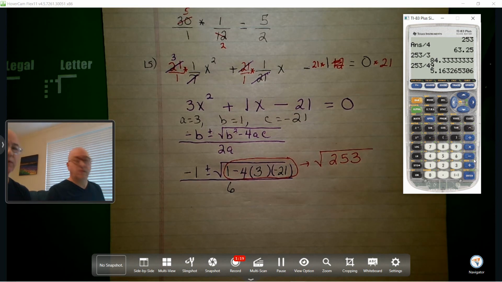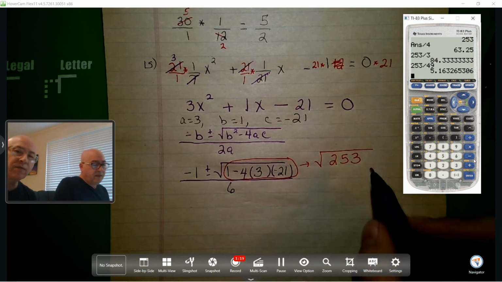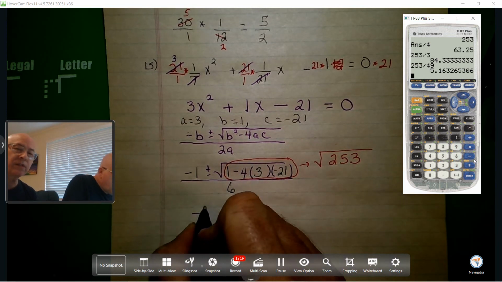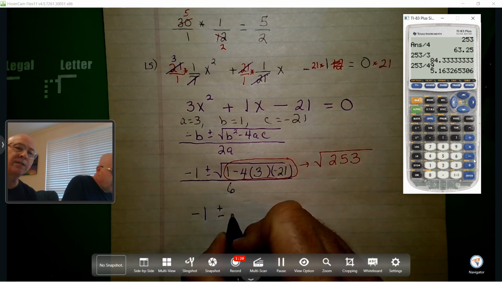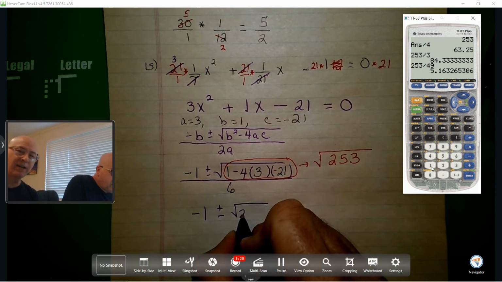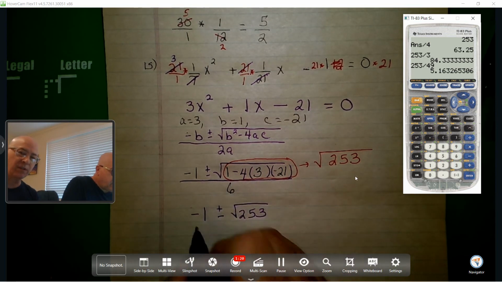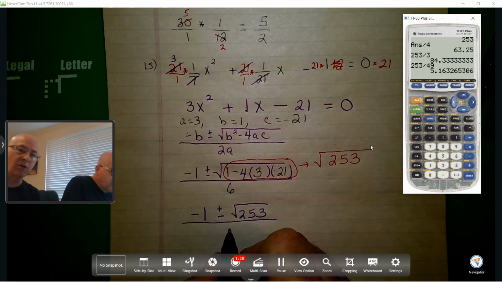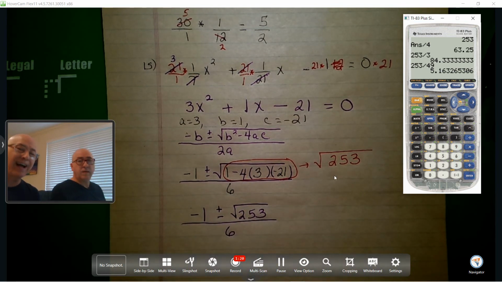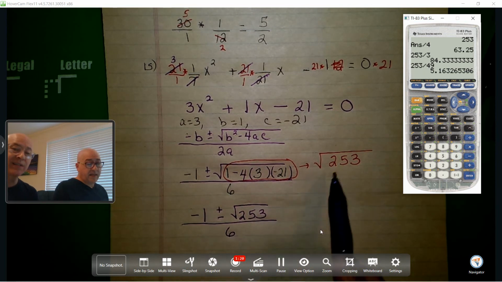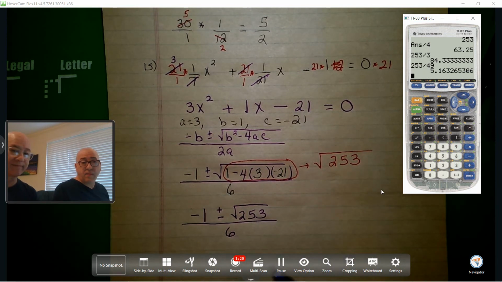I said if it's just a strange number that no perfect square factors pop out to you, odds favor, from my years and years of experience, that you have no idea what the largest perfect square divisor is, and I bet there isn't one. So I think the square root of 253 can't be simplified.